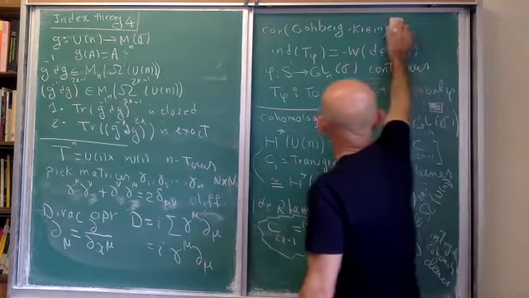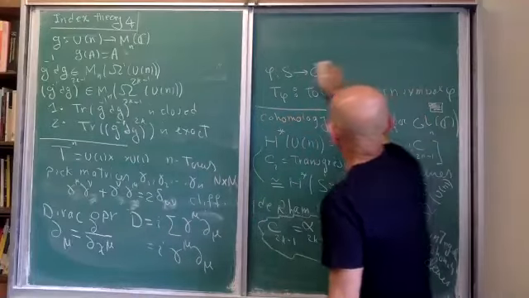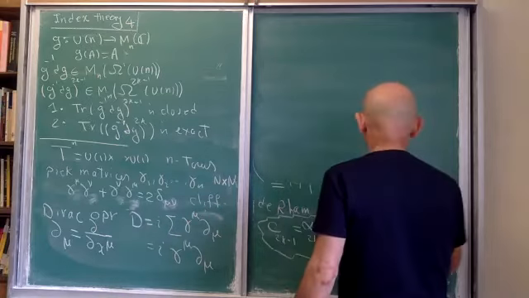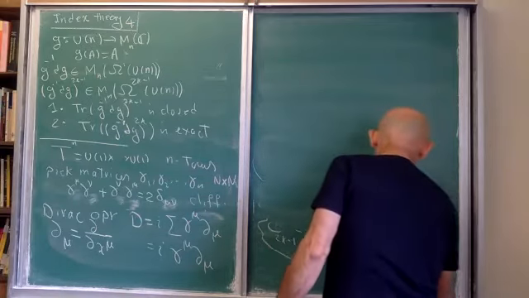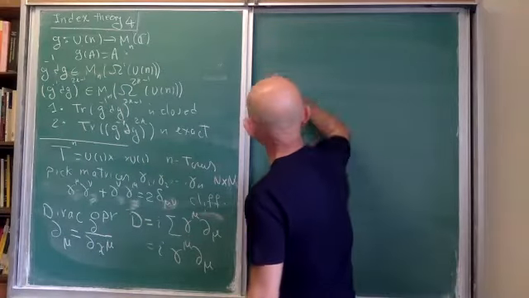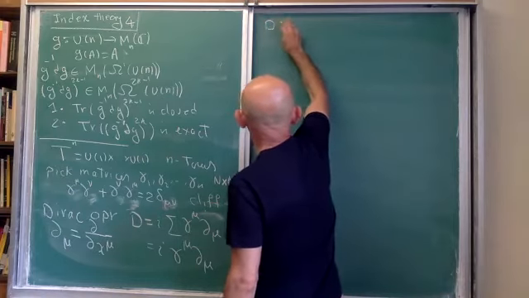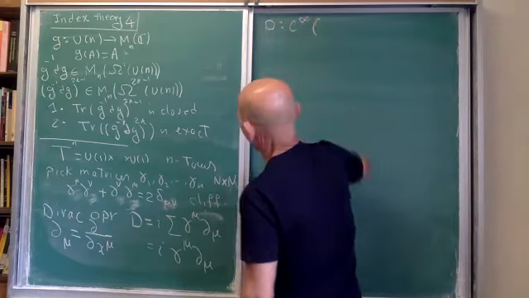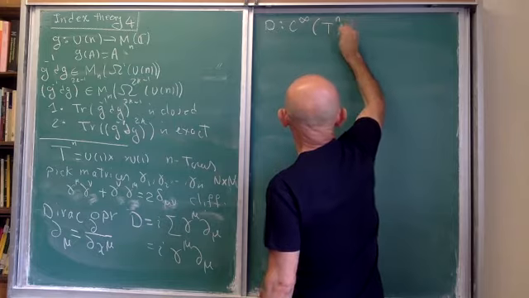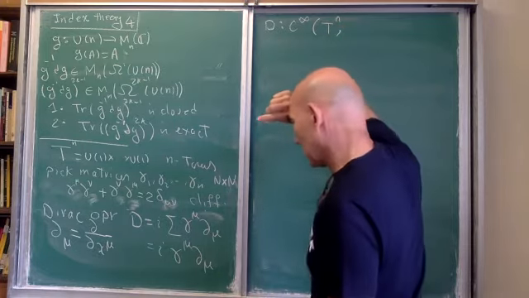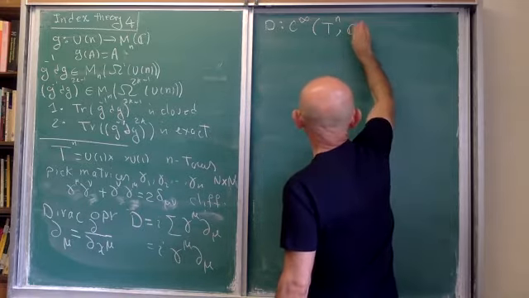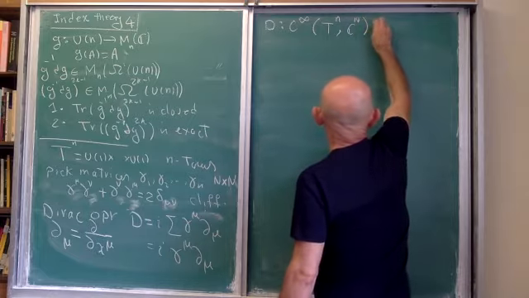So this Dirac operator goes from C infinity of Tn with values in Cn to itself.